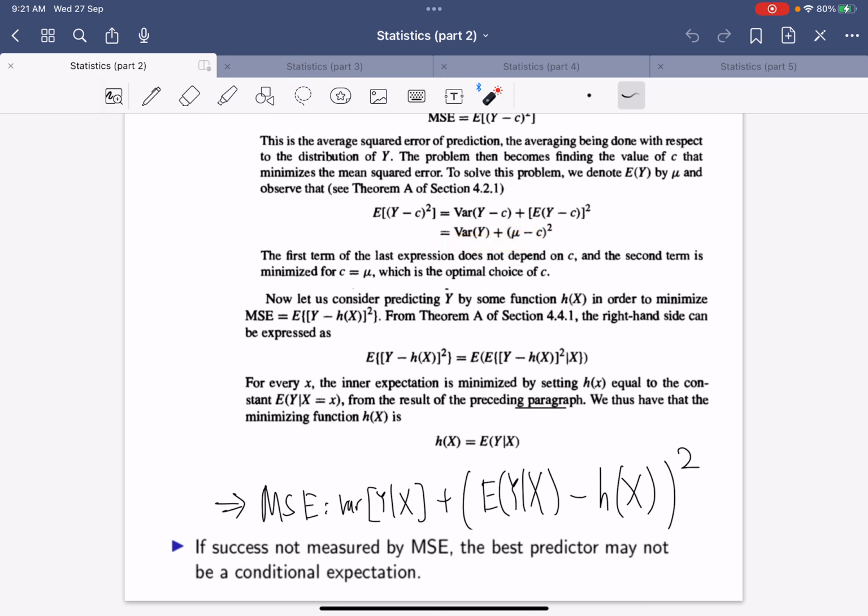Now you have the condition of X, because it's no longer a constant, it's some function of X. So your mean squared error will equal the variance of Y given X, plus the expectation of Y given X minus h(X), squared. And what does this mean? It means that h(X) must equal the expectation of Y given X. So you can see how it forms, and it's using this formula. You just need to replace appropriately.